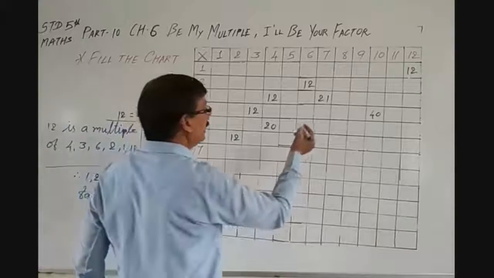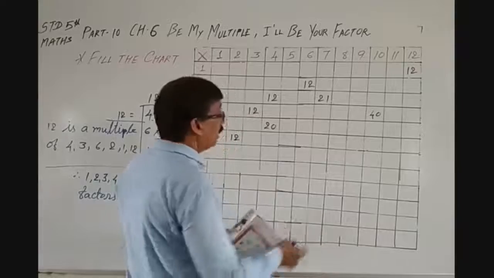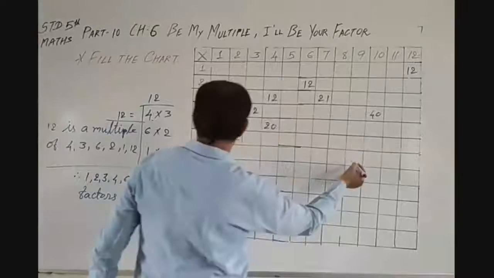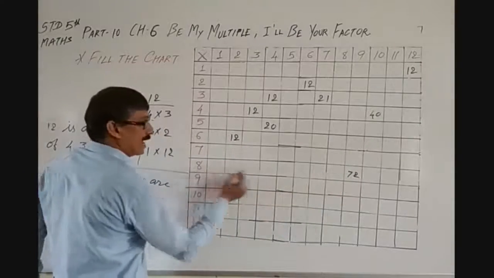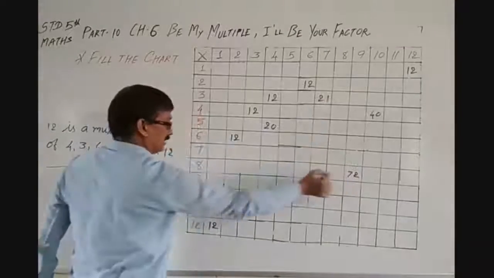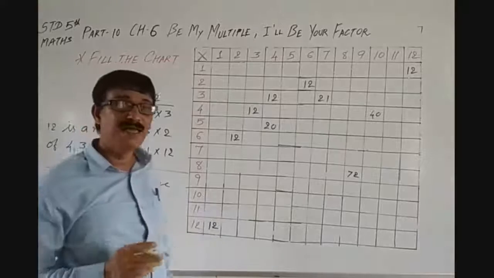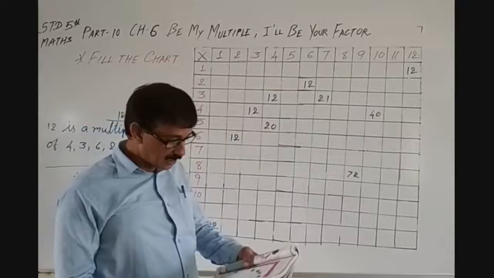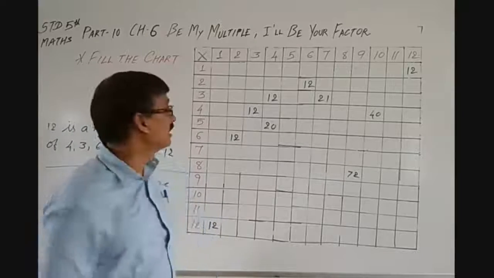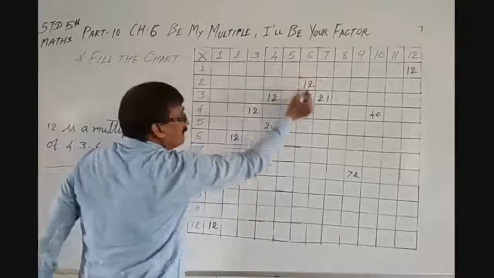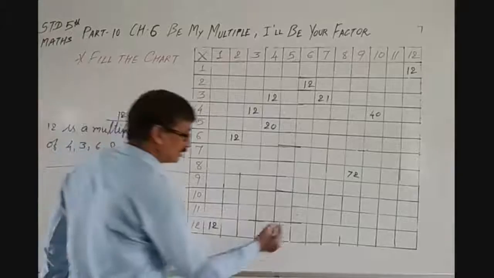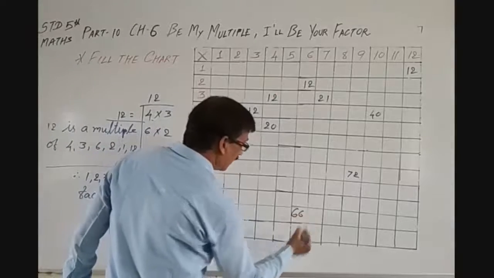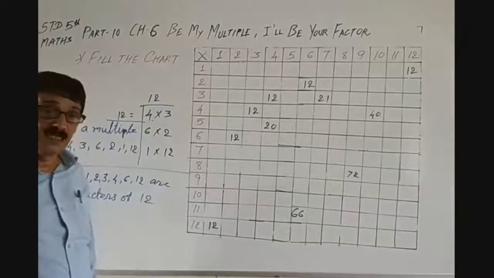Now, 9 8s are 72. So 9 8s are 72, and one more number 66 is there. See, 6 11s are 66. So I should write 66 over here, isn't it?